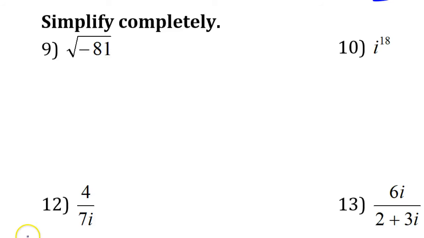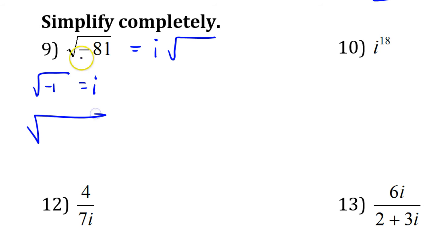In this video, we are going to simplify some expressions involving imaginary numbers. Now, when you see a negative under a radical, you know it's going to be i, because the square root of negative 1 by definition equals i. When you have the square root of negative 81, that's the same thing as having the square root of negative 1 times 81.